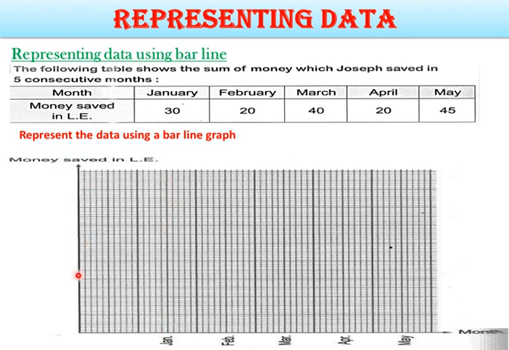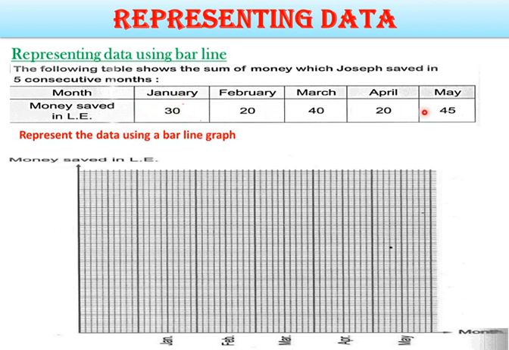But now, what do we write on the vertical line? Here, what is changing when we look at these numbers?